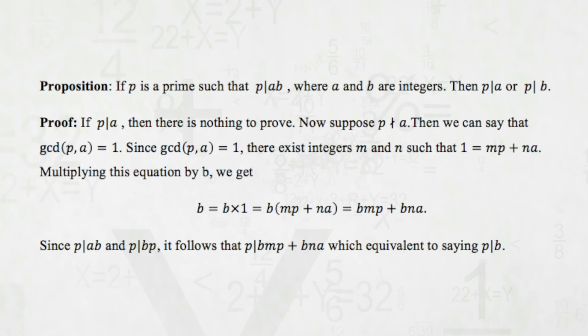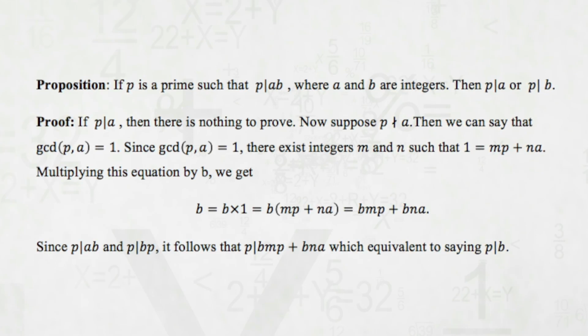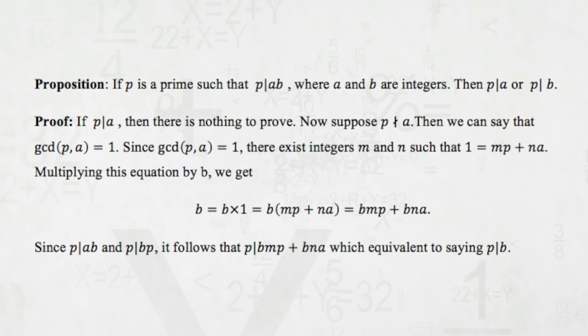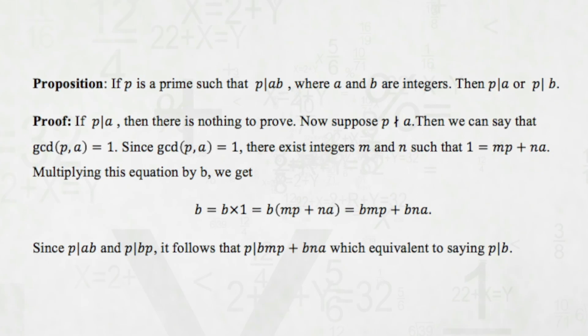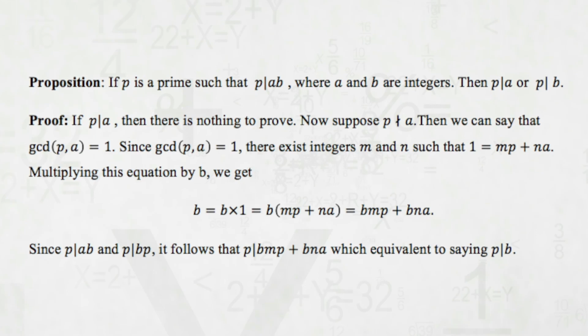In the place of 1, I can write MP plus NA, that is B is equal to B multiplied by (MP plus NA), that is equal to BMP plus BNA. Since P divides AB and P divides BMP, it follows that P divides BMP plus BNA, which is equivalent to saying P divides B. So, we have proved the proposition.